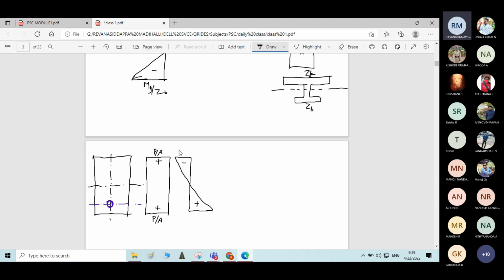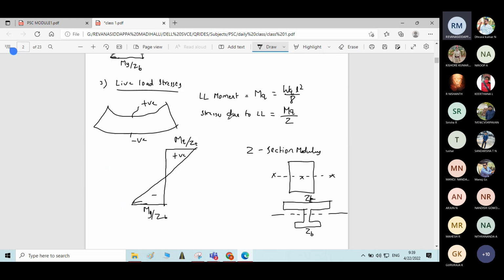So here what is the value? PE by ZT, then PE by ZB.